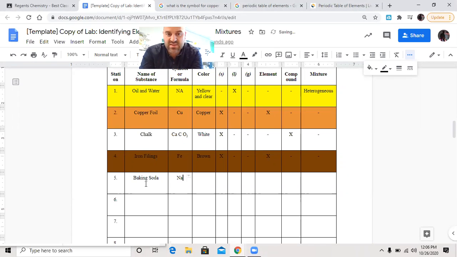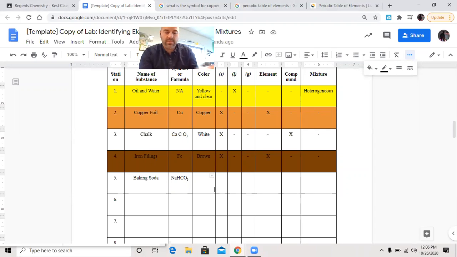NaH, so that's sodium, and then you have a carbon, and then you have 3 oxygens. Again, to get that subscript, it's just control, comma. So sodium, hydrogen, carbon, then there's 3 oxygens there too.